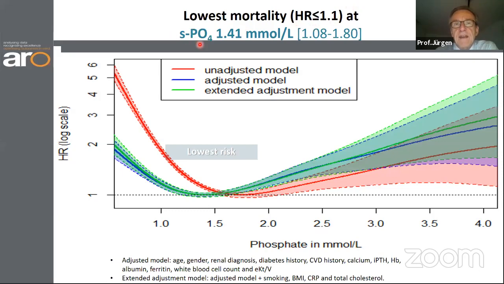And it turns out that it's at a serum phosphate in these hemodialysis patients of 1.41. With a wide confidence range, but you can see that no matter how we correct, mortality increases when you go into hyperphosphatemia, and it increases at low phosphate. And note that these 2 lines here are corrected for albumin, so it's not malnutrition.